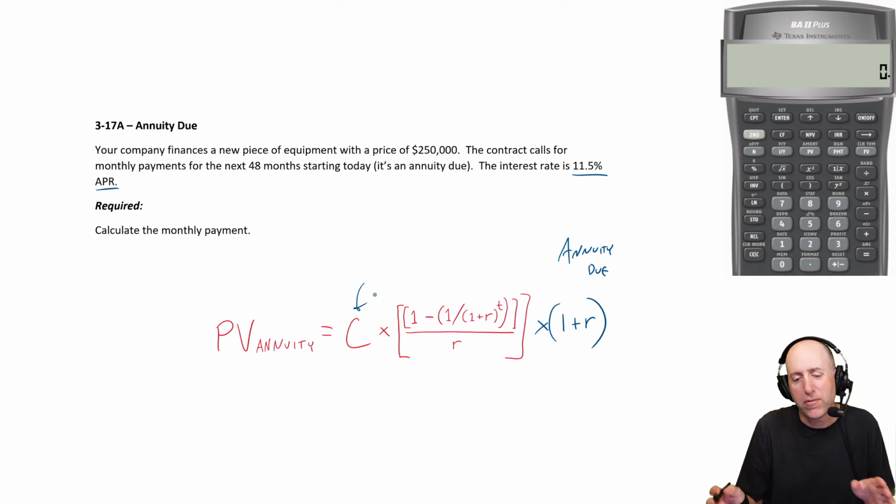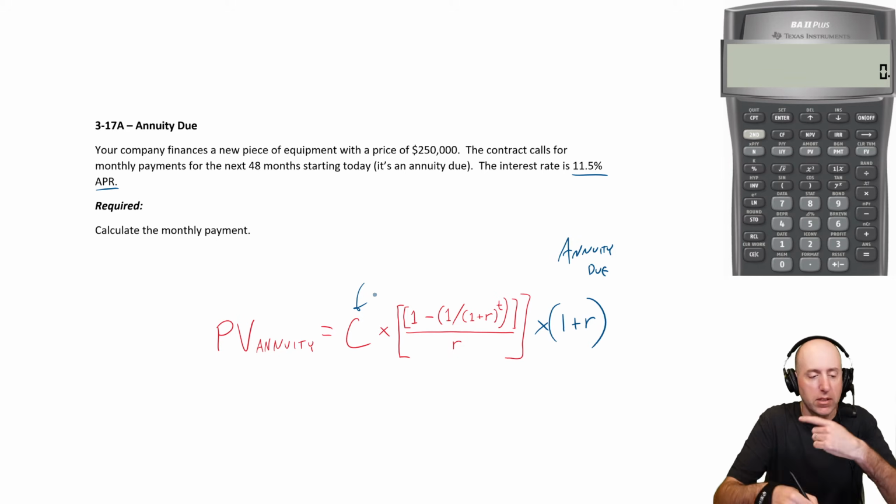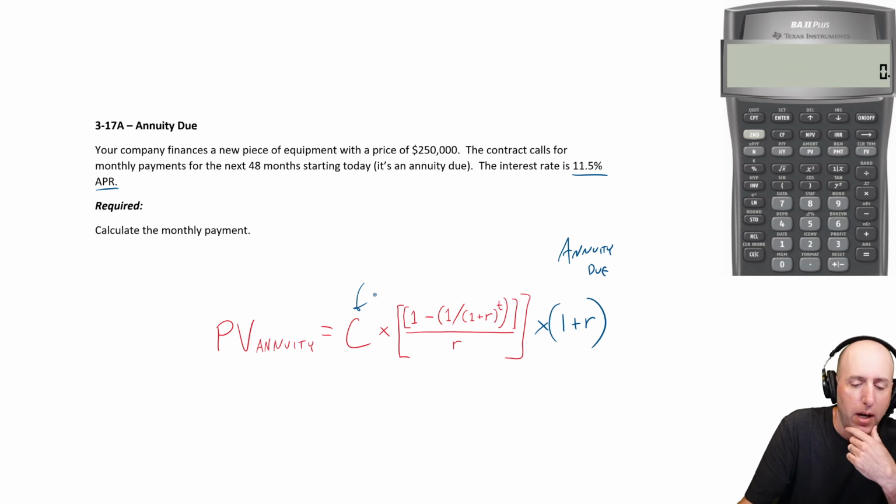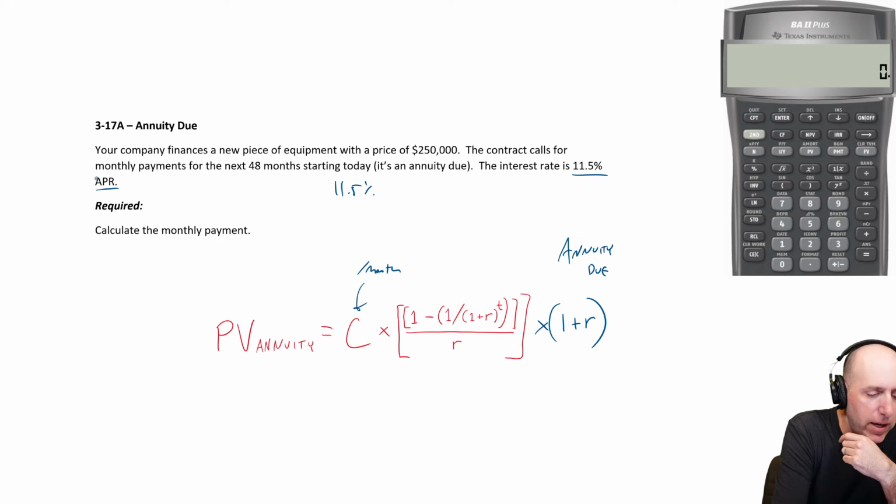So let's start by figuring out the interest rate on a monthly basis, because we're looking at monthly payments. We want to figure out C per month, the cash flow per month. It's an 11.5% annualized rate, APR. To figure out the monthly rate, it's very simple with APR: you just divide by 12.